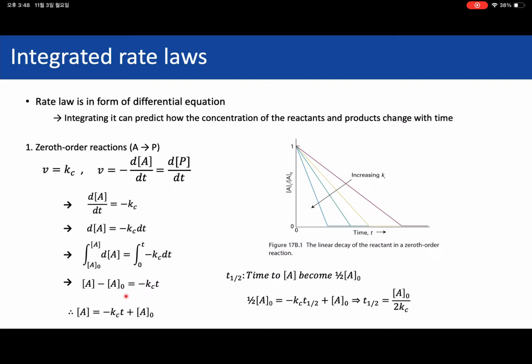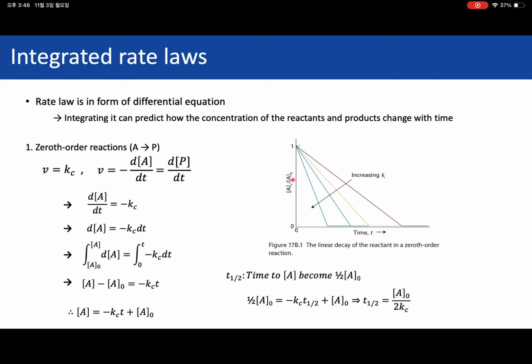So we can rewrite the equation, which is the time evolution of the concentration A with respect to t. Then we can write A equals minus Kt plus A0, which is the initial concentration of A. If we plot it on this graph, the y axis is the molar concentration of A divided by A0, with respect to time.